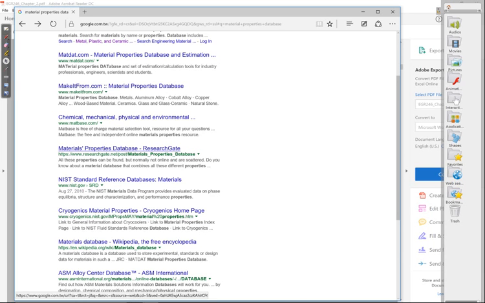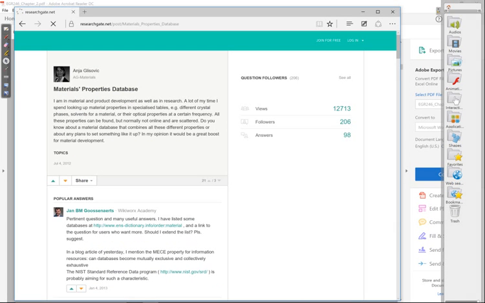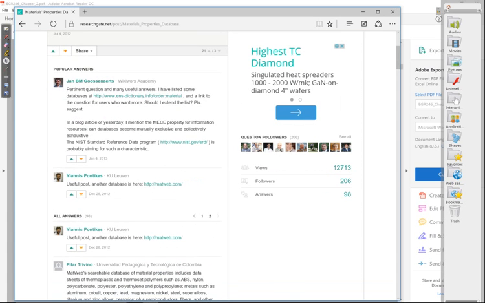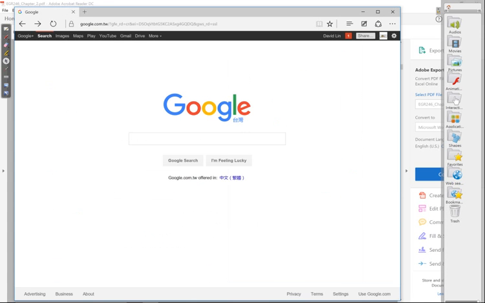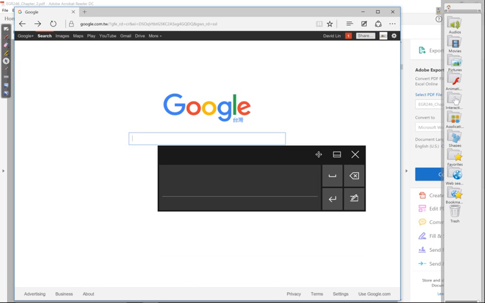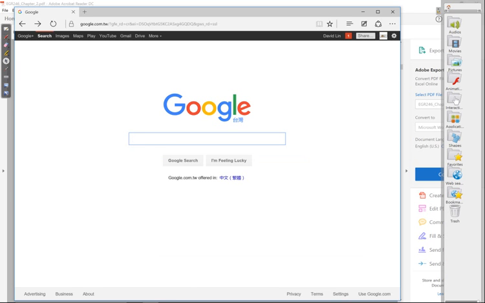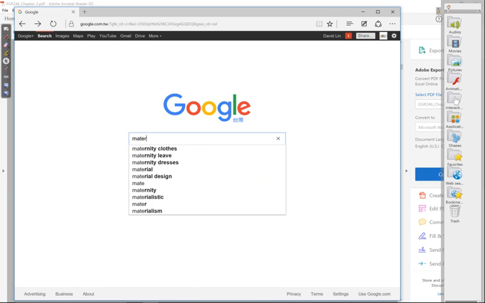Materials Properties Database at ResearchGate. No, that's a discussion. Just bear with me here. I wanted to bring something up that will show exactly what's so nice about these properties tables.